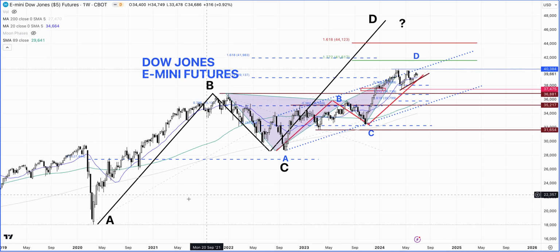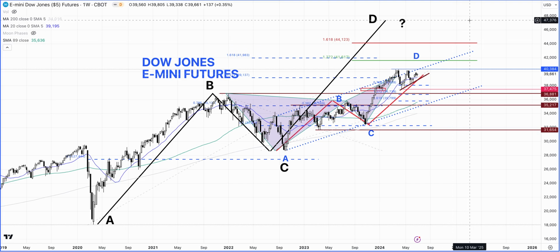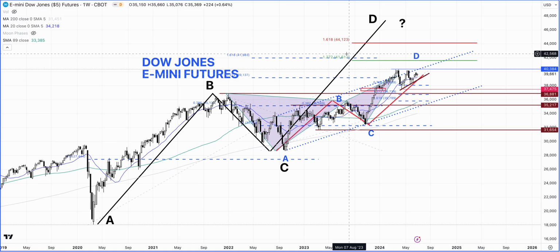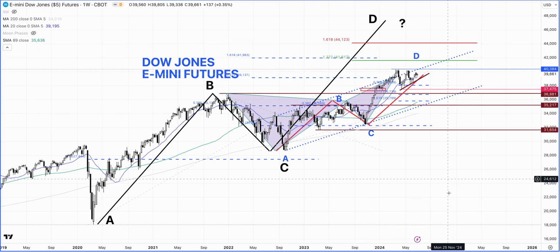And if we were to take an ABCD higher, we get a really high level of about 48,000 roughly. So there are a number of levels that the market needs to go through before it's able to get there. But 42,000 is the kind of level the market could actually achieve. I have not drawn this smaller ABCD, which could take us to around the 44,000 level as well.